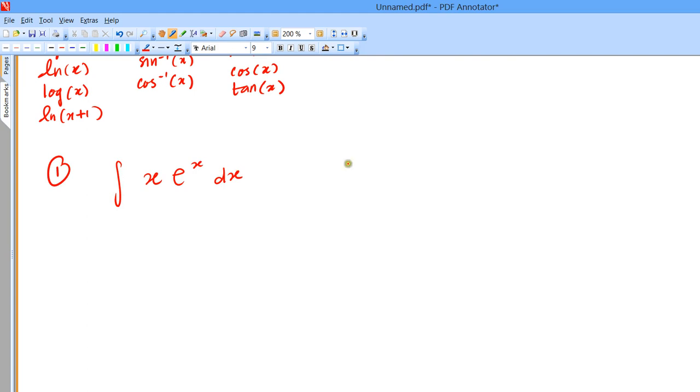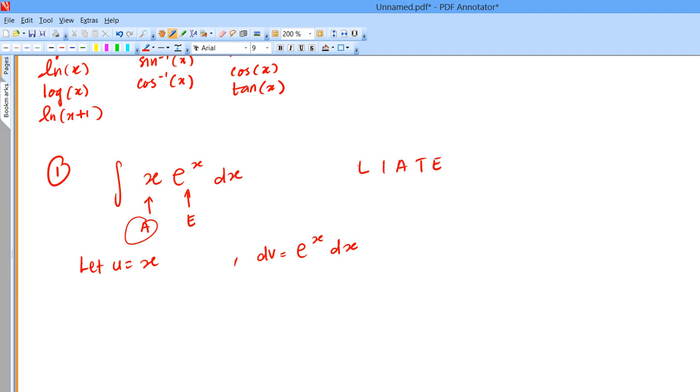Based on LIATE, x refers to algebraic and e power of x refers to exponential function. The letter A comes first, so we let u equal to x, and the rest, e power of x times dx, we let as dv. So dv equals e power of x times dx.